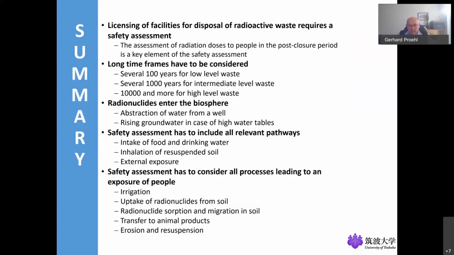We have long time frames to be considered, ranging from several hundred years for low-level waste to 10,000 years and more for high-level waste.